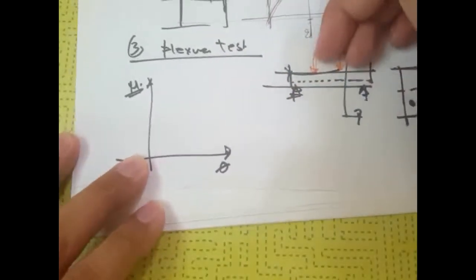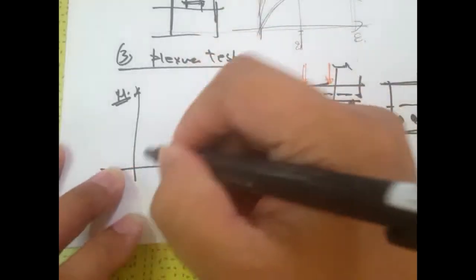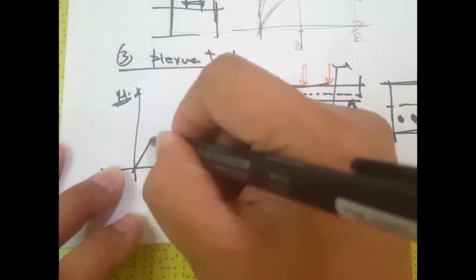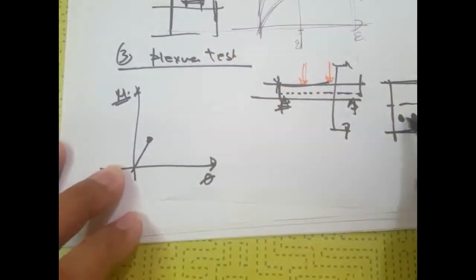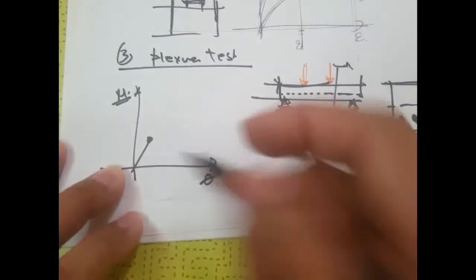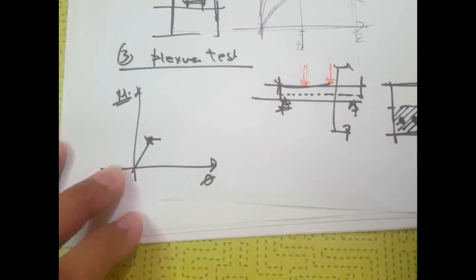So once you load the beam in flexure loadings, both the concrete and the steel carry the stresses. Then at some point it will break, because concrete has lower strength in tension. In this tension zone it will break.